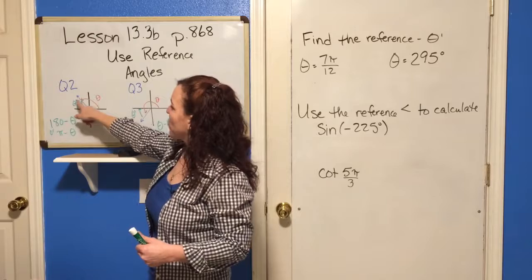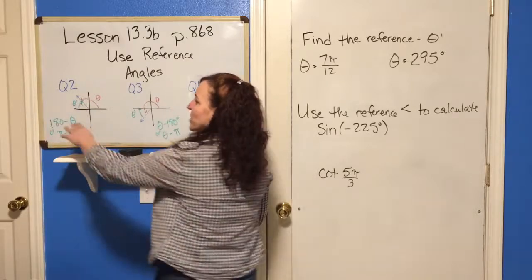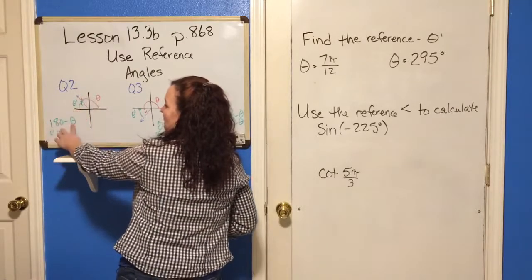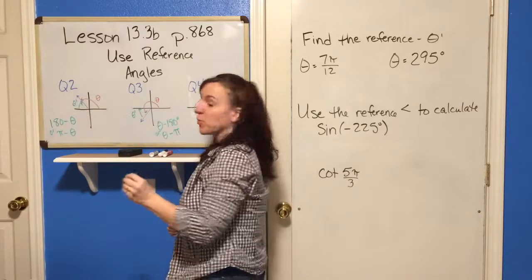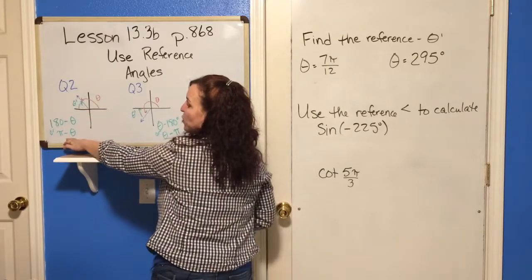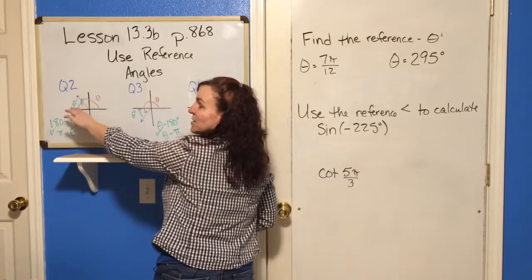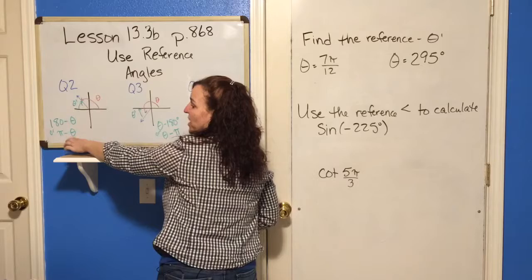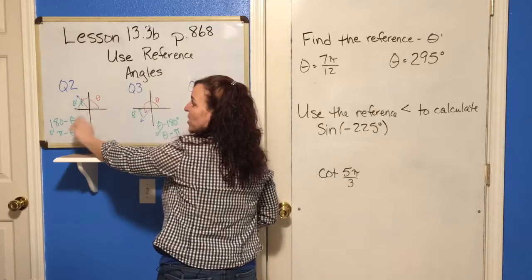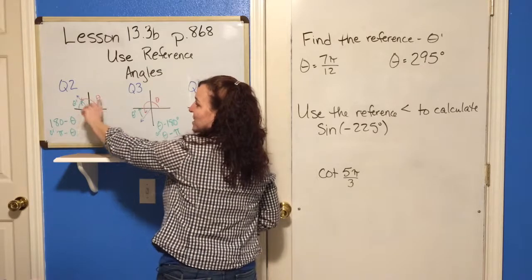And in order to find the degree measurement of that, you're going to take 180 degrees and subtract off theta, and what you have left is your theta prime. Now the same type of thing if you start with pi, which of course is the same as 180 degrees. If your theta is in radians, then you would take pi minus theta.